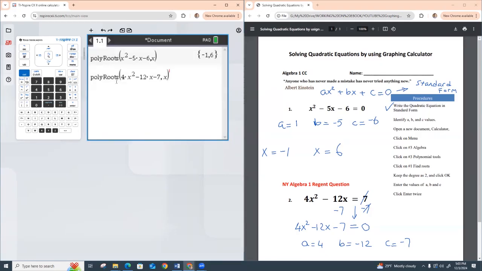Press OK. Confirm the equation is being written correctly. It is correct. Press Enter. Okay, that's it. We solved it. And our answer is x equals -1/2 and x equals 7/2.